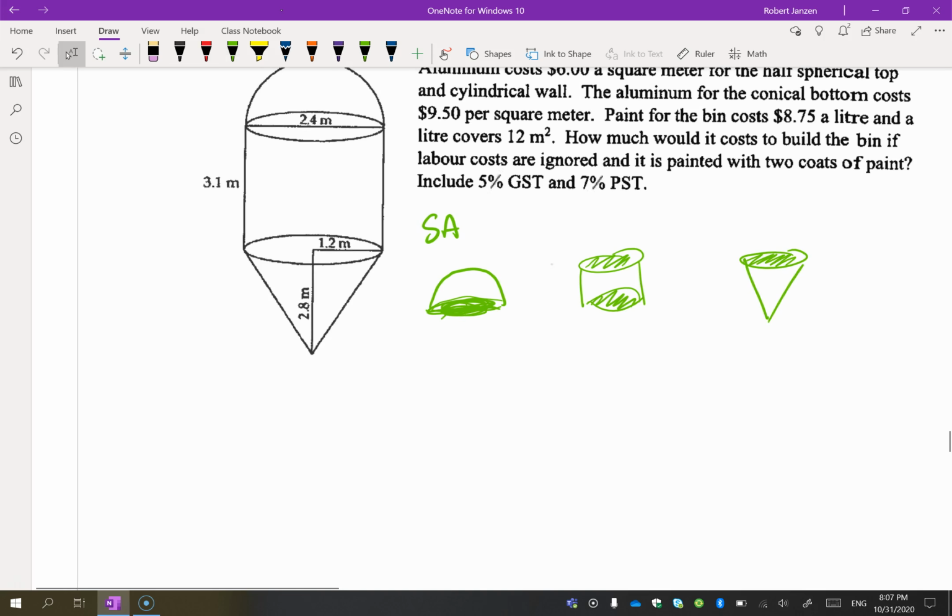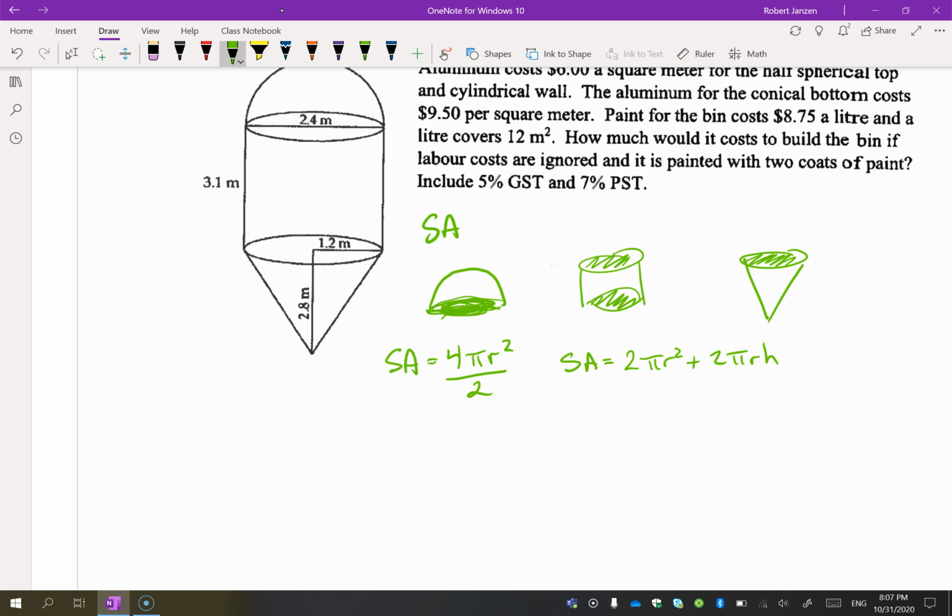So how do you find the surface area of each of these? Well, the surface area of a sphere is 4 pi r squared, but this is only half of a sphere, so we're going to divide by 2. Okay, the surface area of a cylinder, if you remember, is 2 pi r squared plus 2 pi r h.